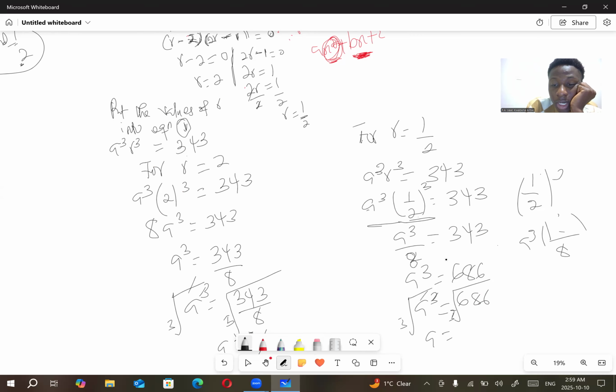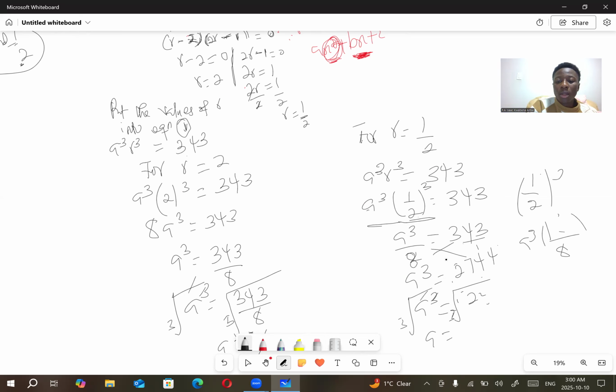If you have any question, ask. So that'll be A cube equals 343 times 8. Here you cross multiply; A cube is regarded as over 1. So A cube equals 343 times 8. That's 2744.